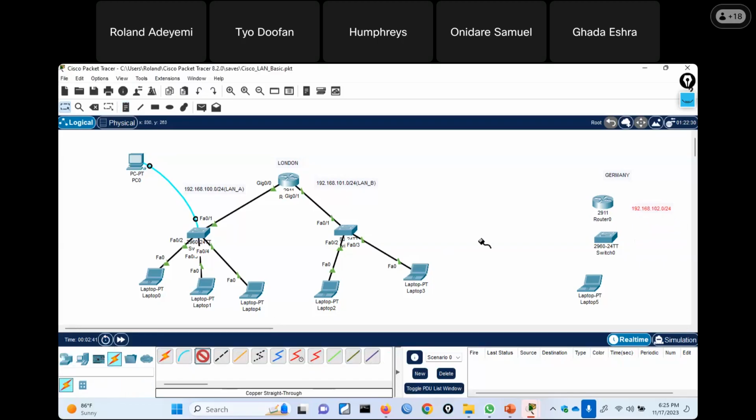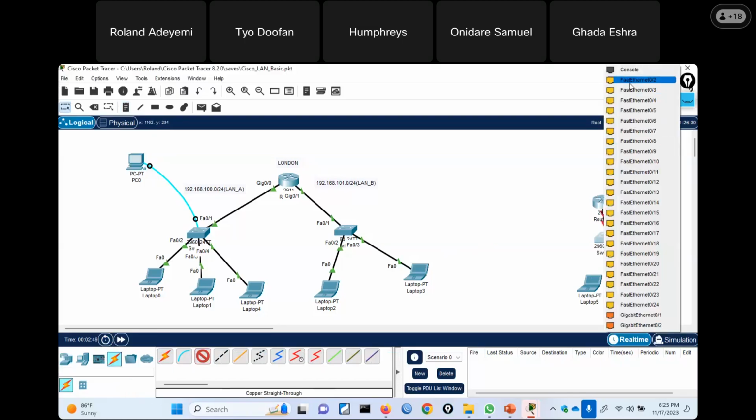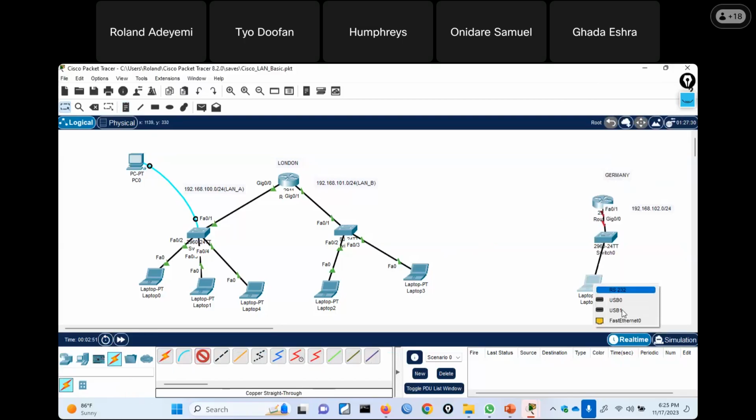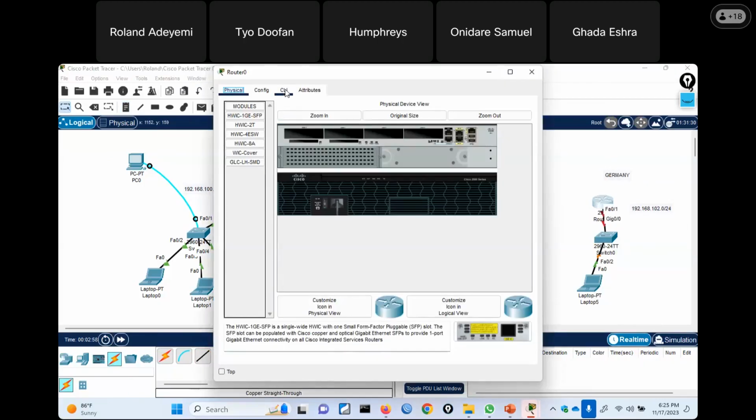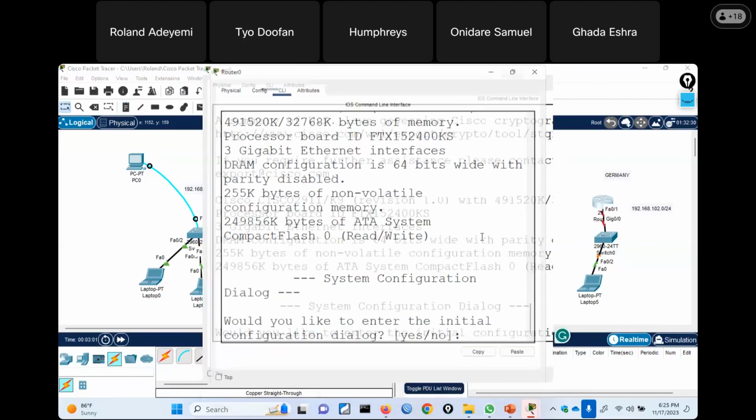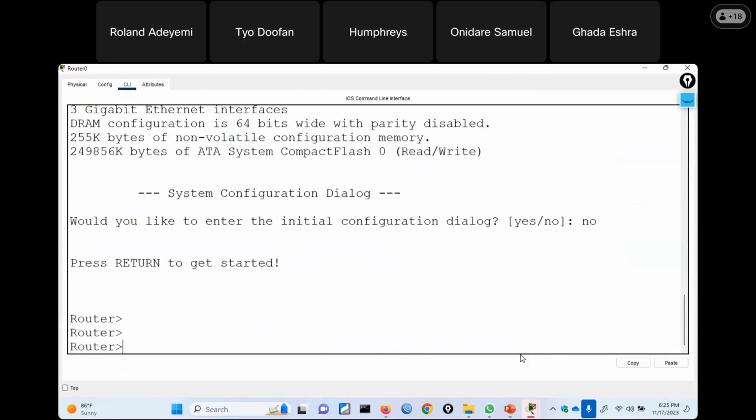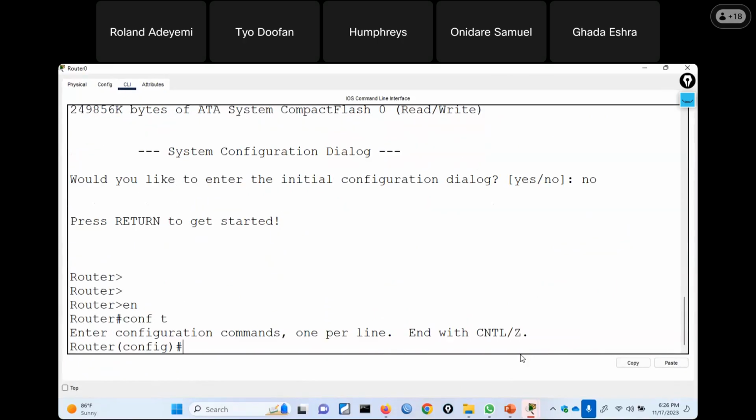So let's link them up. I'm going to build that LAN independently of the other one. So I'll just go to this router, just put an IP address.